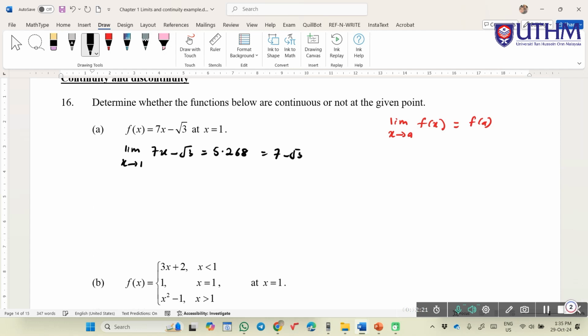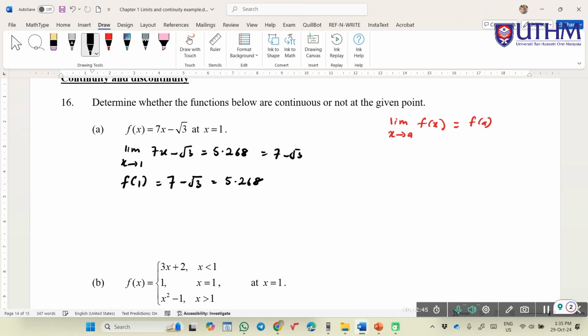Now we have the limit, so we need to find f(1). f(1) means the function at x equal 1, so just substitute 1 into the function. We also get the answer 7 minus 3, which is 5.268.